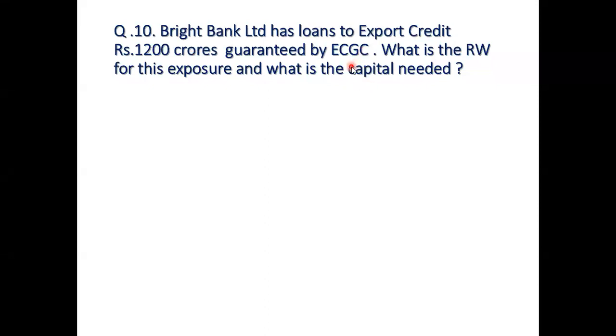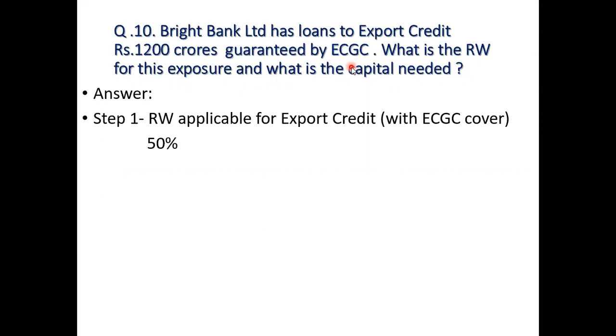Now under Basel 3, just 50% is the risk weight. Note down. Guaranteed by ECGC, the applicable standard risk weight is 50%. This is the standard. So 1200 means 600 will be the risk weighted asset.